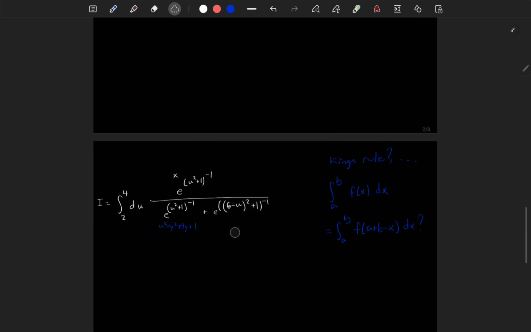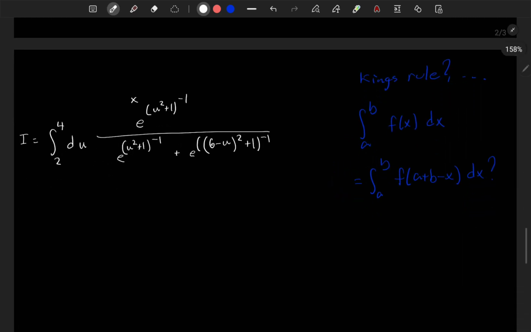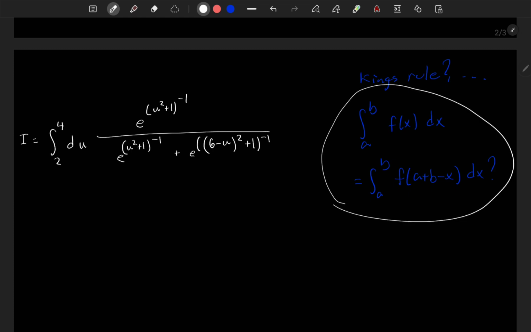Use King's rule here. This is our integral, and we're going to use King's rule right here. For our case, we're going to have all instances of u going to 4 plus 2 minus u.